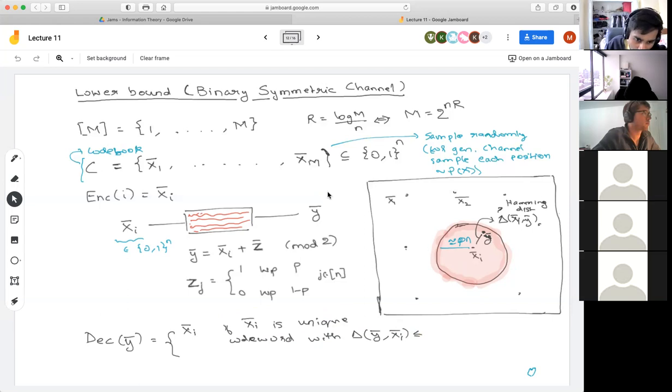roughly the expected number of flips, which is n times p. I will allow a little bit of slack, my fuzzy ball, because on expectation about n times p bits flip, but maybe there are a little more, so I will allow a little room for error.